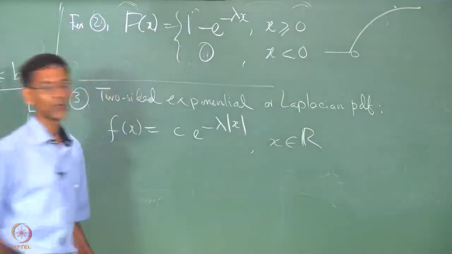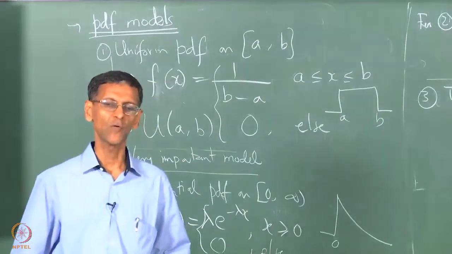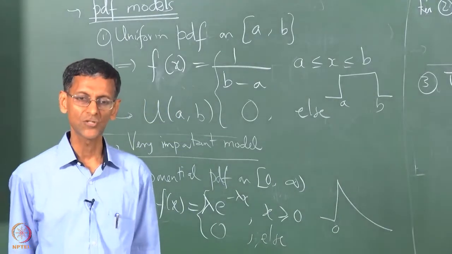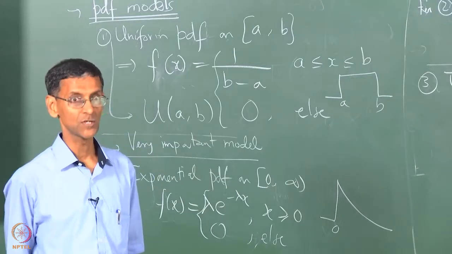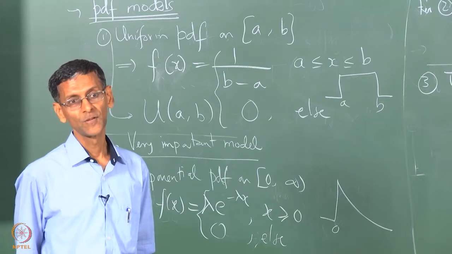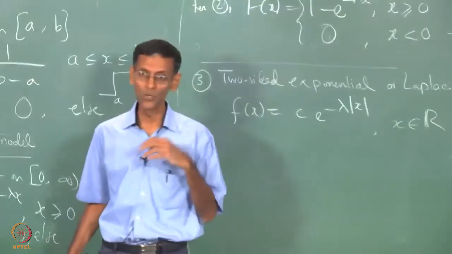So this is now defined over the entire real line; the PDF itself has non-zero values over the entire real line, only asymptotically it decays to 0. So what would be the value of C? This is a standard question. You have to find the value of C by integrating this and setting it equal to unity.